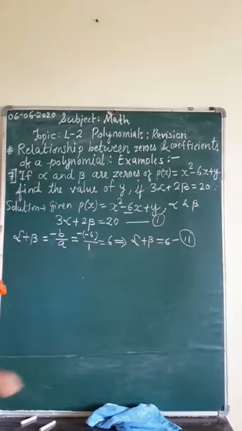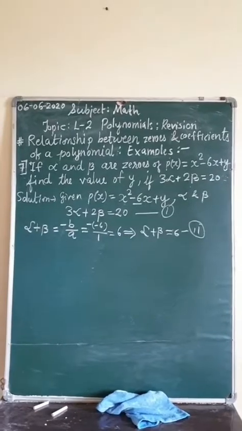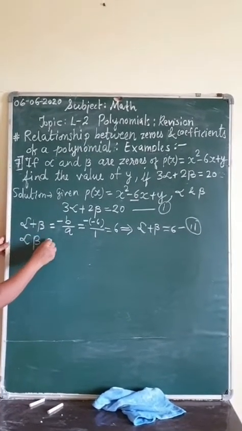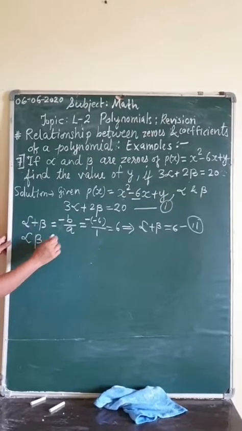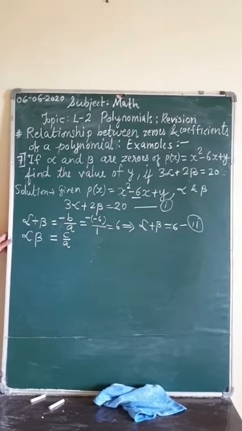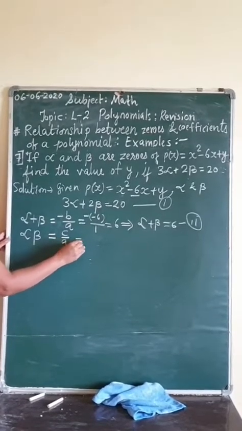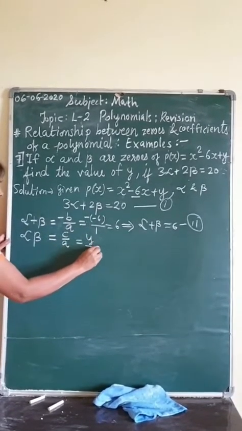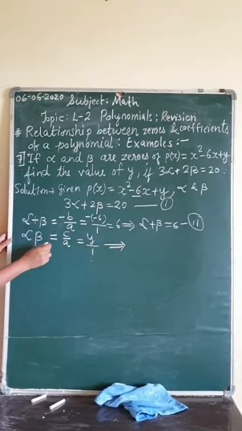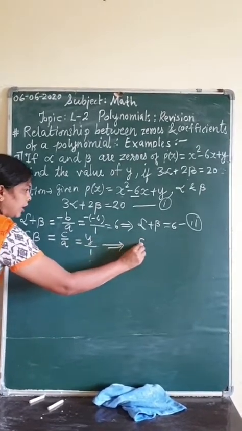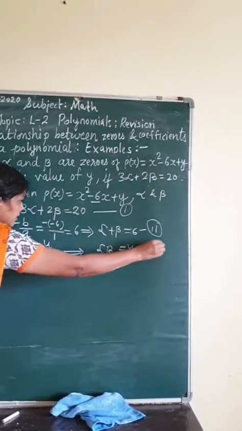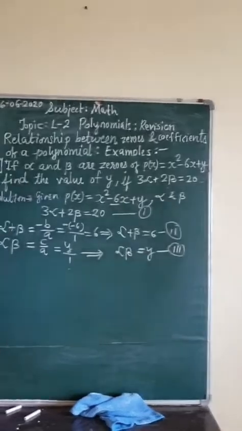Second equation. Now, the next relation is alpha into beta, product of zeros, is constant term upon coefficient of x square. So that gives us y upon 1. So the equation we get over here is that alpha into beta is equal to y. Let's number it as third.